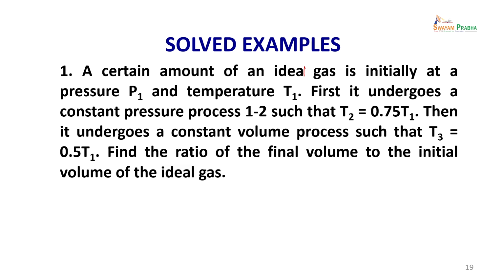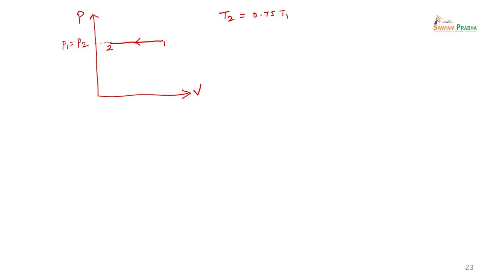It is given that the gas undergoes a constant volume process after that. So, this is state 2, and next it undergoes a constant volume process from 2 to 3.